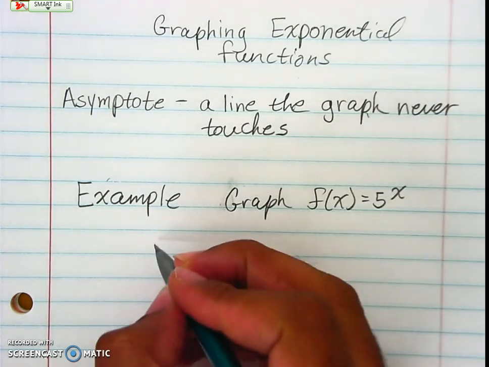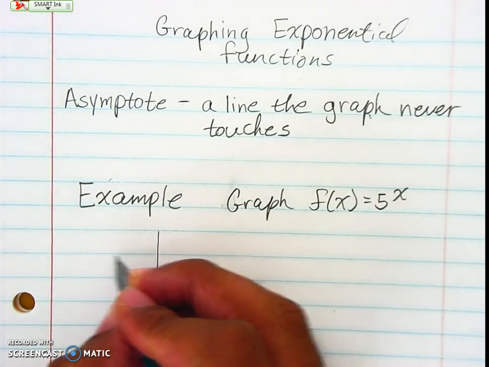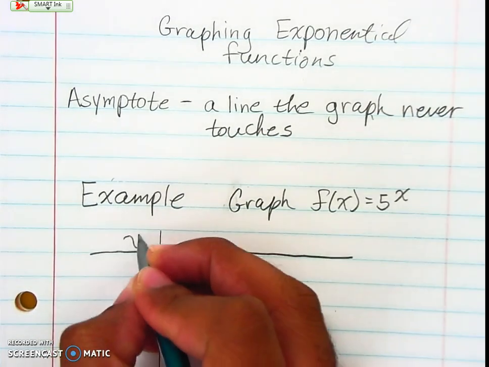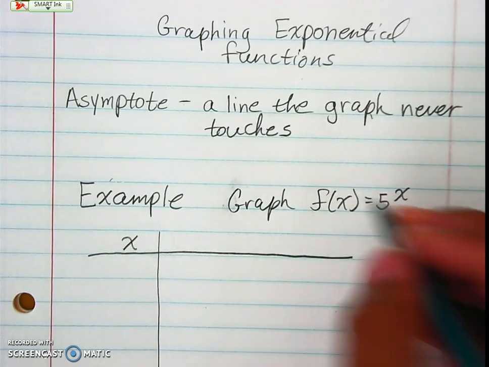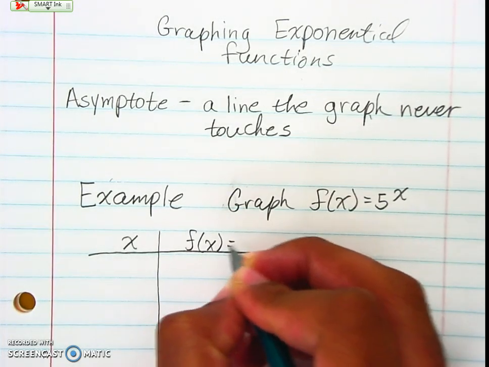Now when we graph this, we're always going to use the same exact numbers for our x values every single time. We don't have to worry about them changing or flipping or doing something weird. With exponentials, we use the exact same numbers every single time.